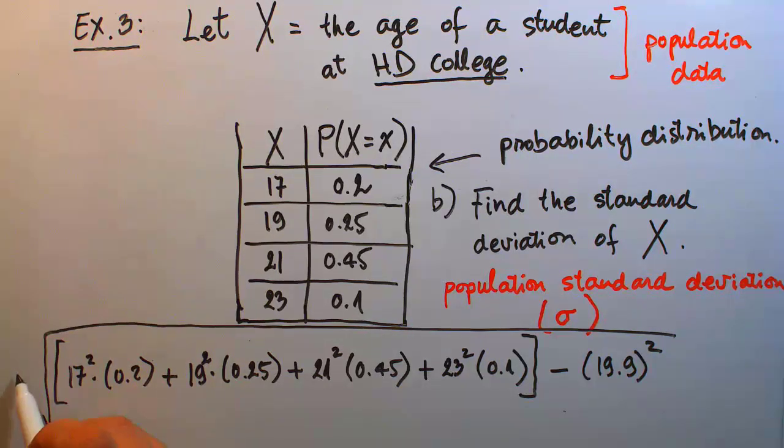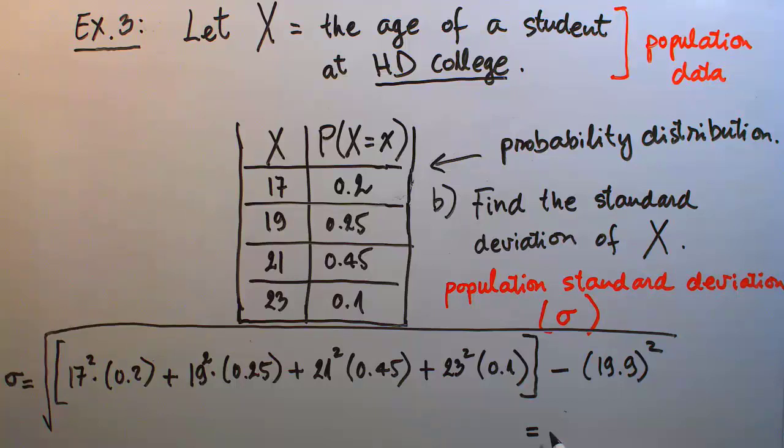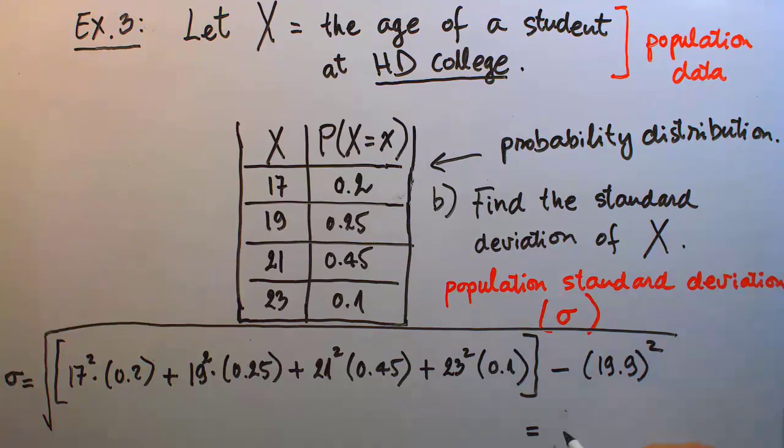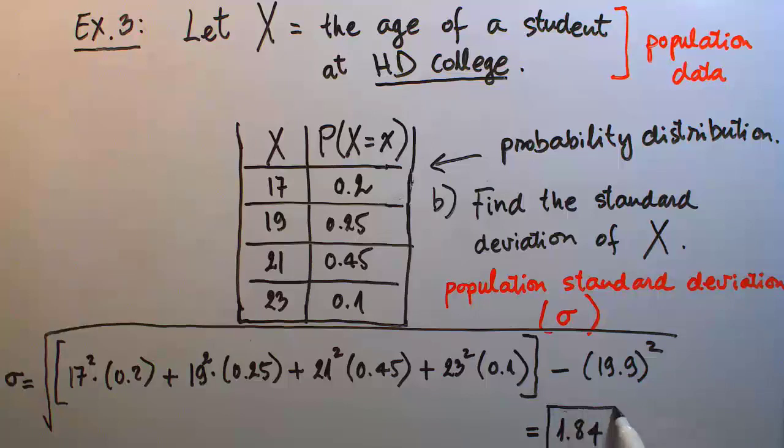That is how we're calculating our population standard deviation. So sigma equals that square root quantity. And now I'm ready for the final answer. The calculation comes out to be 1.84. And that is how we're calculating our population standard deviation.